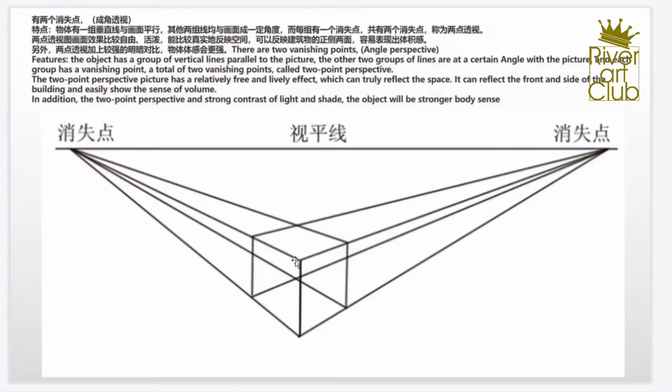One side face here, and all the lines go to this vanishing point. And this side face here, and all these lines go to this vanishing point. But this side, you can just see these 2 vertical lines are parallel with this paper.